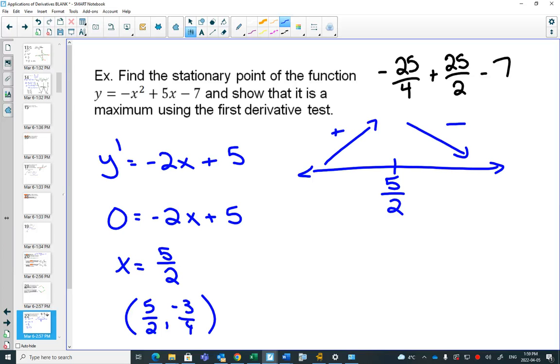Now, with the first derivative test, you need to write a statement. The statement will look like this.